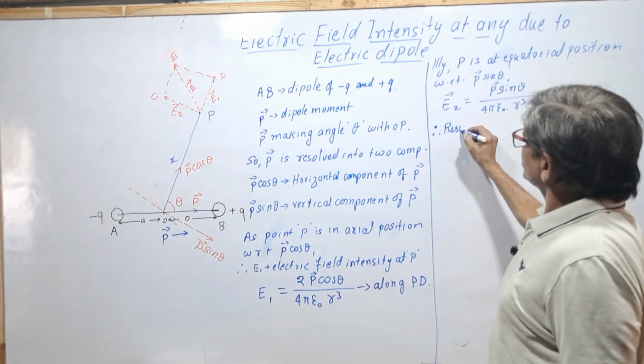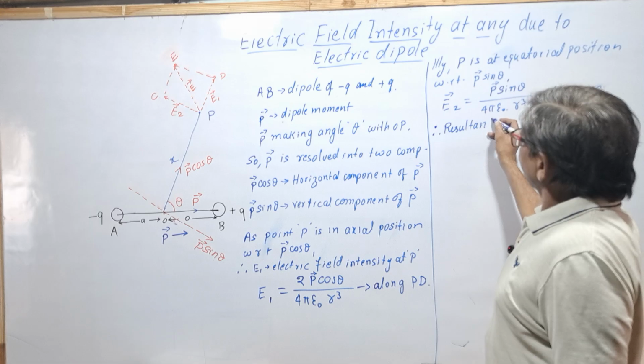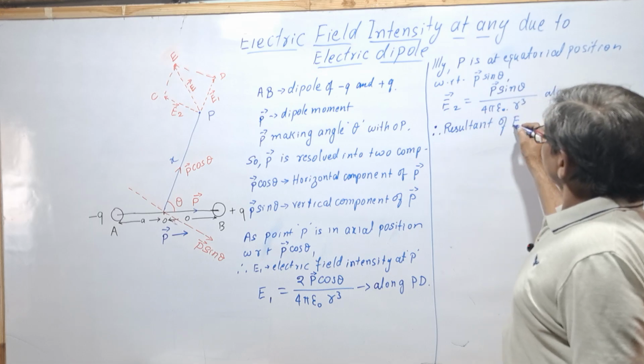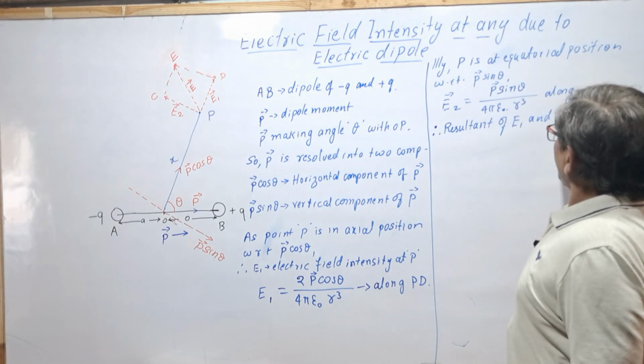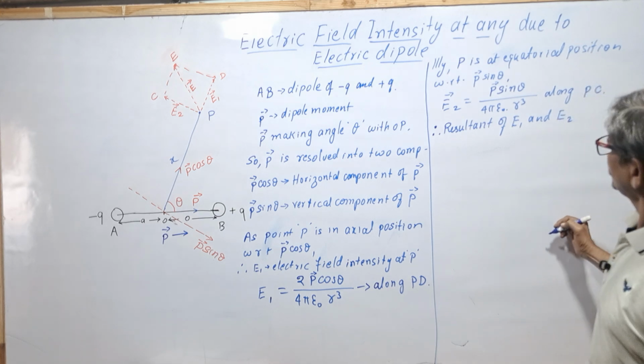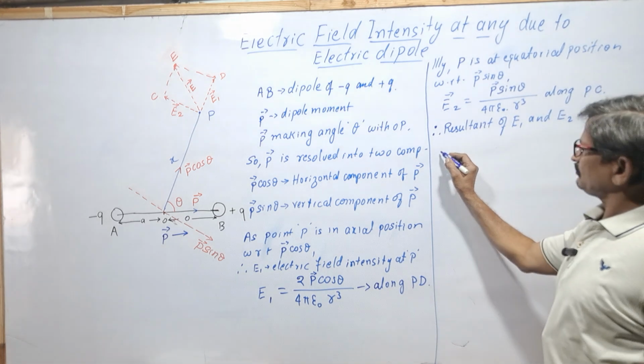Therefore, the resultant of E1 and E2 is given by what?